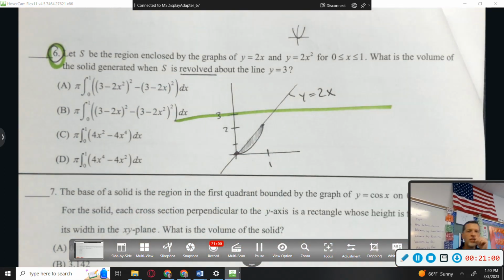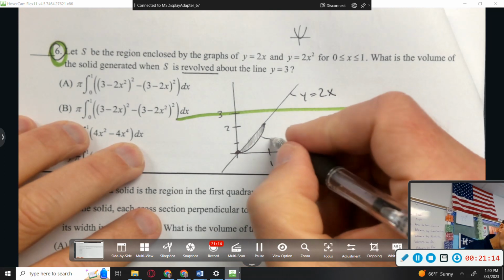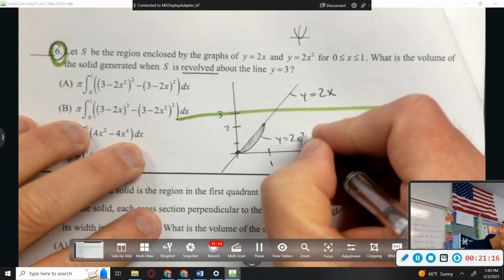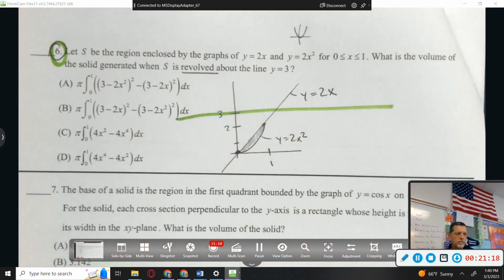And I want to revolve that around y equals 3. All right, I need to slow down. Okay, caught up to me?